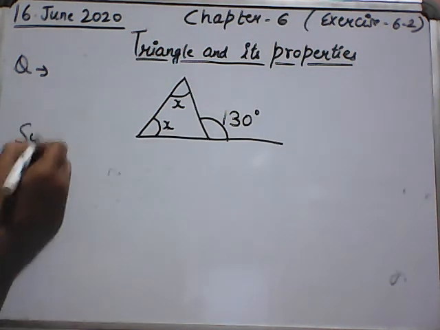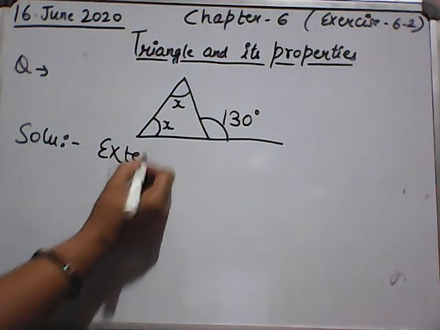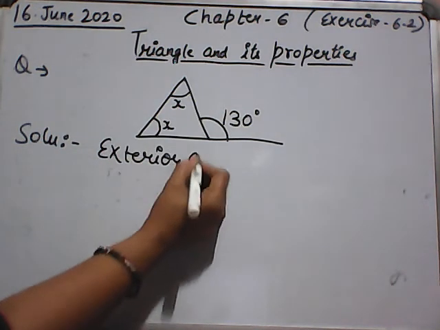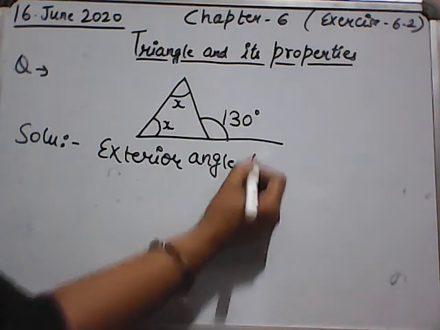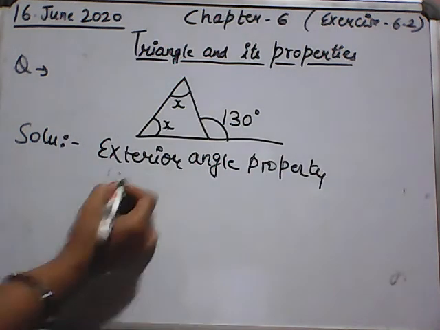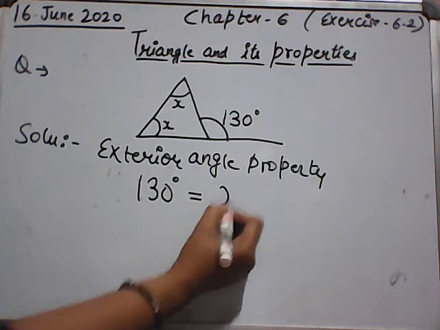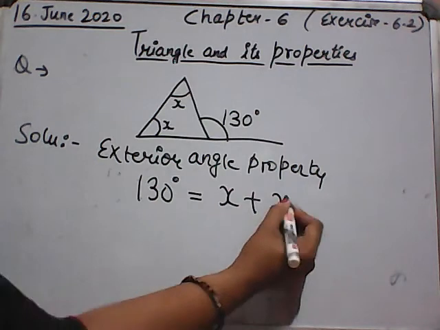You have to find the measurement of x. Now, the exterior angle property states that the exterior angle is equal to the sum of the opposite interior angles.